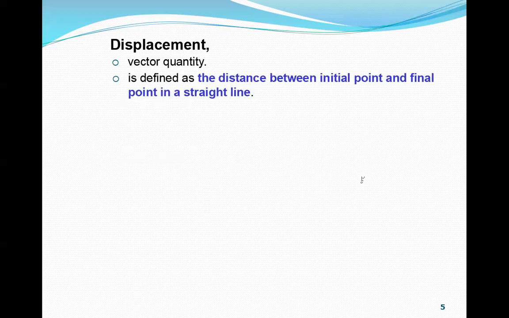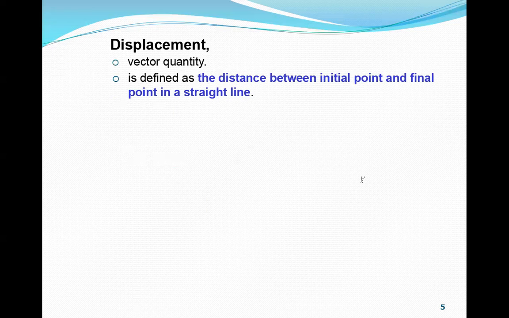I am saying that the distance in a particular direction is called displacement. So displacement is a vector quantity, and it is defined as the distance between the initial point and the final point in a straight line. I mention here the initial point and the final point, meaning from A to B.